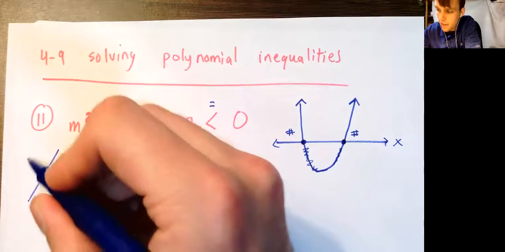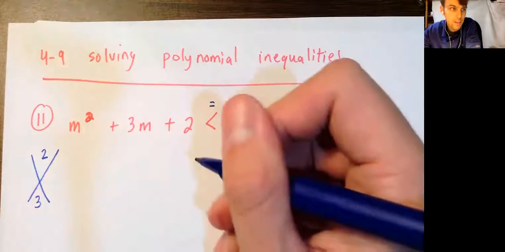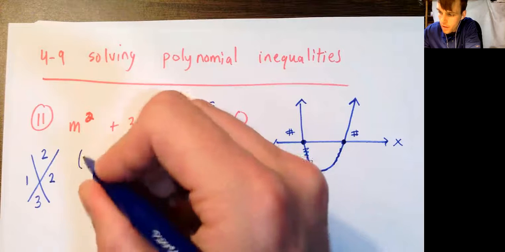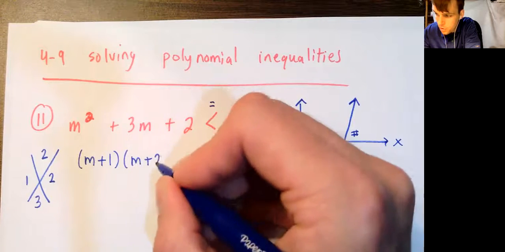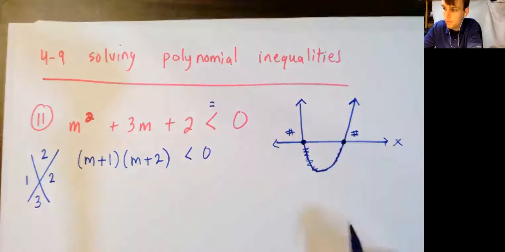So we're going to go ahead and factor this. We need two numbers that multiply to 2 and add to 3. So that is 1 and 2. So we have m plus 1 times m plus 2 is less than 0.